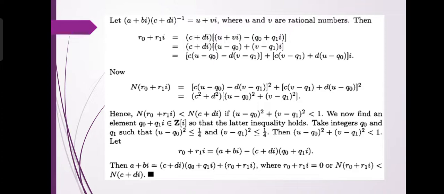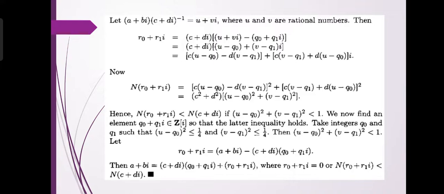So hence, N of R sub 0 plus R sub 1 I is less than N of C plus DI if the quantity of U minus Q sub 0 squared plus the quantity of V minus Q sub 1 squared is less than 1. We now find an element Q sub 0 plus Q sub 1 I belonging to the ring of the Gaussian integers, so that the latter inequality holds.